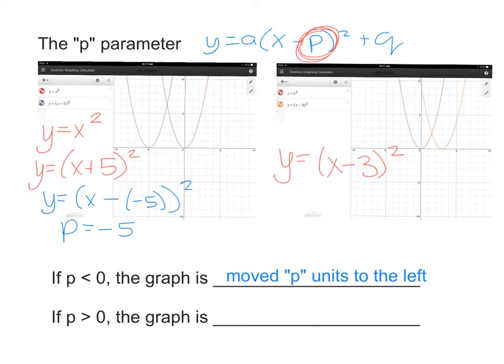What you really need to be able to do is look at the graph and know that if it's an x plus 5 or x plus something, it's going to the left. But this is kind of the correct terminology for it. So if p is greater than 0, the graph is moved p units to the right.